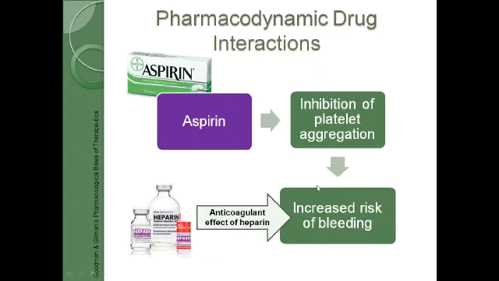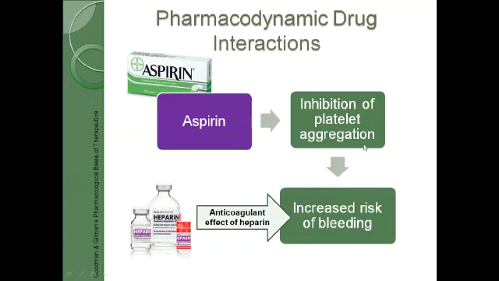You see here an example of a pharmacodynamic drug interaction. Aspirin is an analgesic, but it's also used for prophylaxis against a stroke or myocardial infarction, ischemic cardiovascular disorders. Aspirin inhibits platelet aggregation.